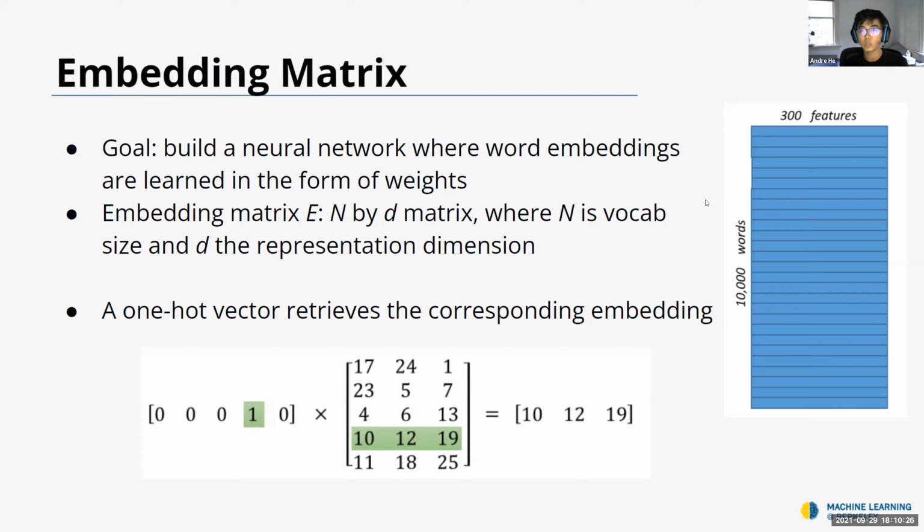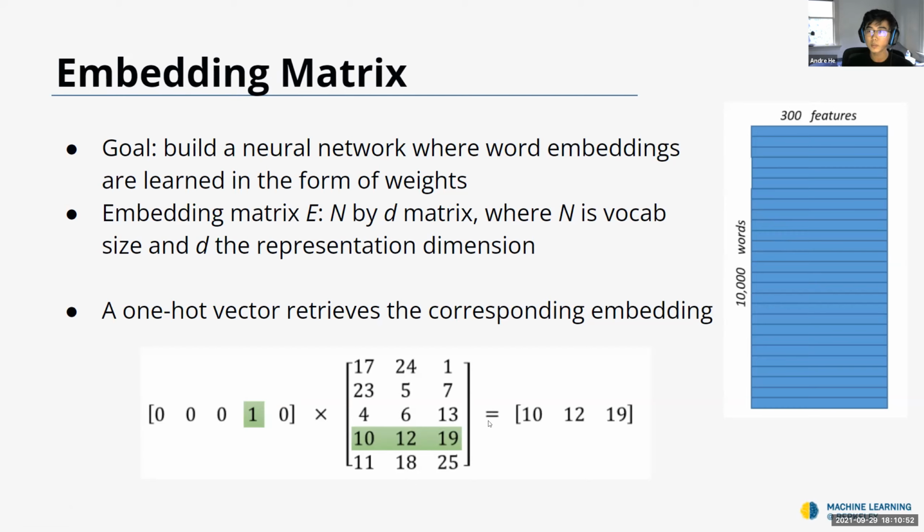Yeah, and the reason we stack them this way is because it allows us to retrieve the embedding for a particular word through matrix multiplication. In this image on the bottom, the vector on the left is basically a retrieval vector, in the sense that you put zeros everywhere except for the index of the word that you want to retrieve.